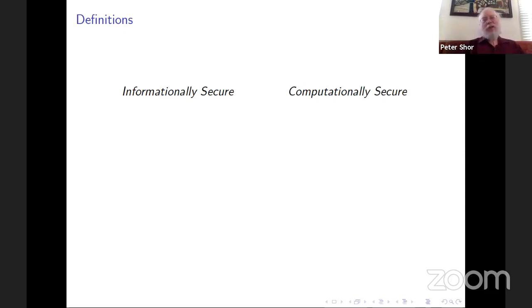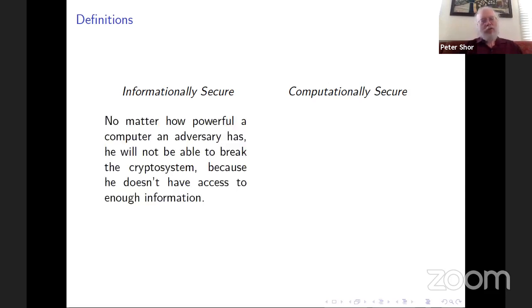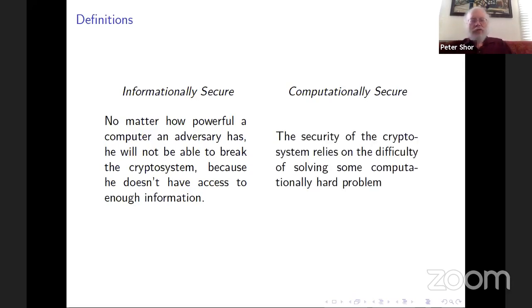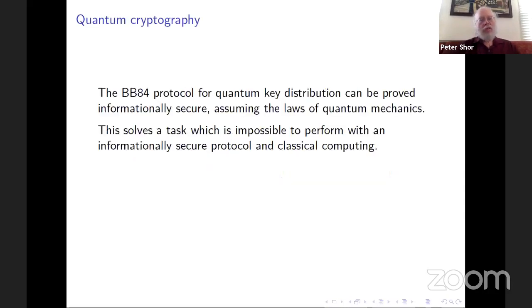So you can have informationally secure cryptosystems and computationally secure cryptosystems. Informationally secure means that no matter how powerful a computer your adversary has, they will not be able to break the cryptosystem because they don't have access to enough information. And computationally secure means that the security of the cryptosystem relies on the difficulty of solving some computationally hard problem.